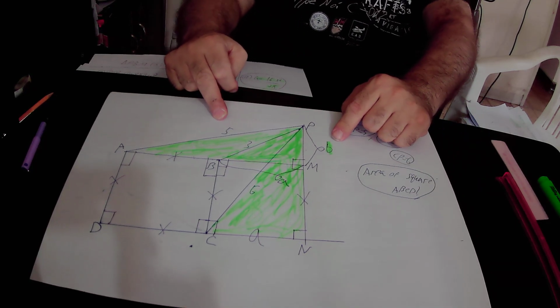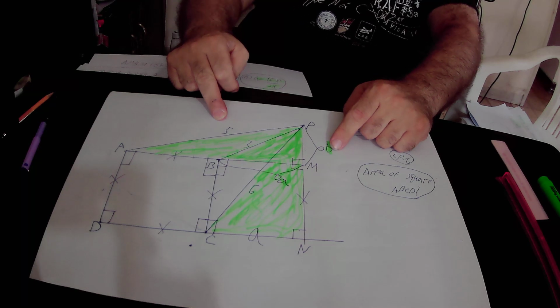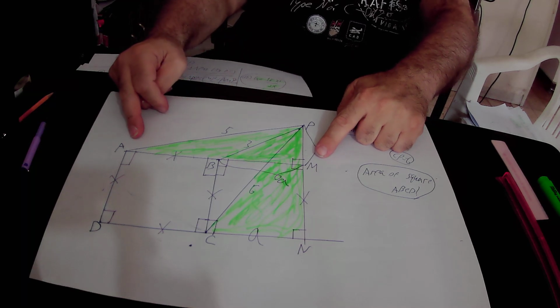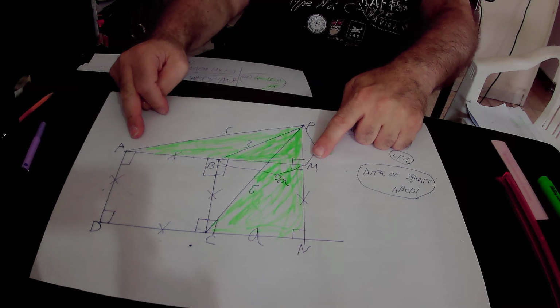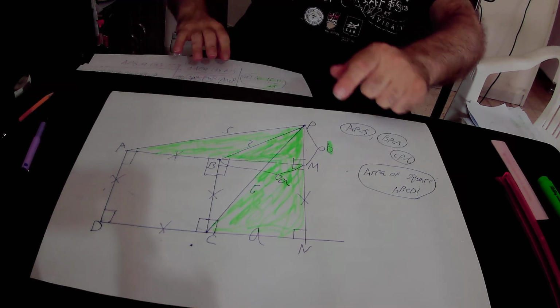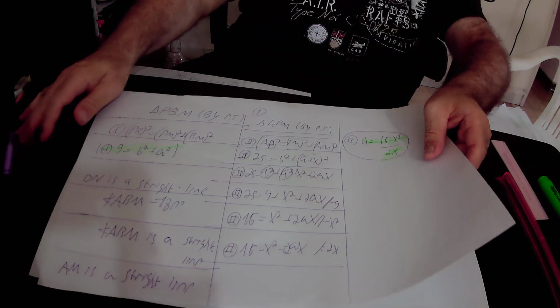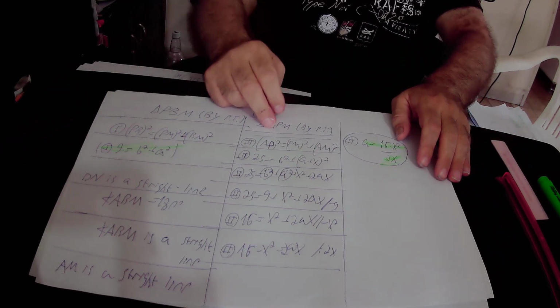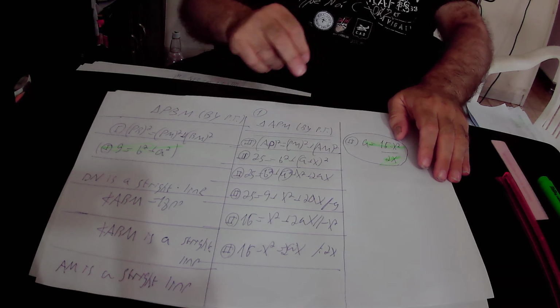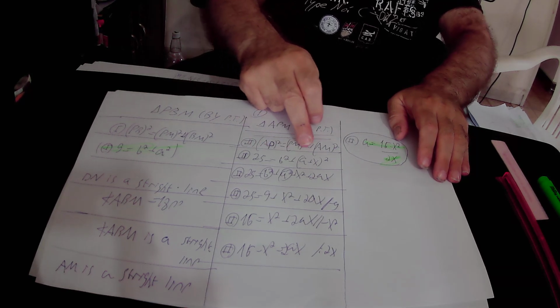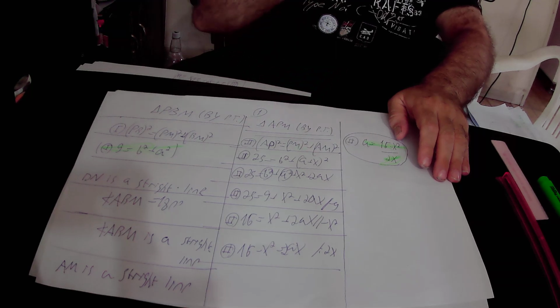PM equals B, therefore PM squared is B squared. And what is the value of AM? AM equals X plus A, therefore AM squared is (X plus A) squared. So in conclusion, according to equation number 2, 25 equals B squared plus (A plus X) squared.